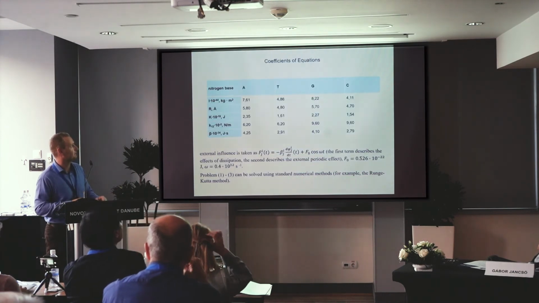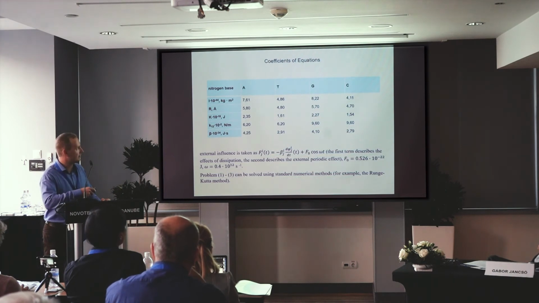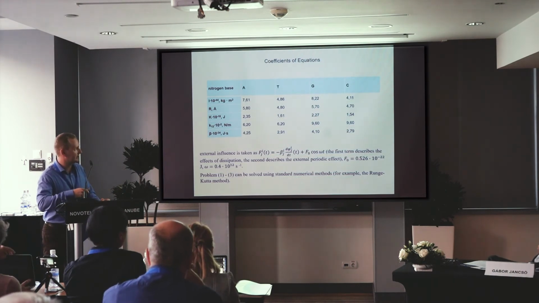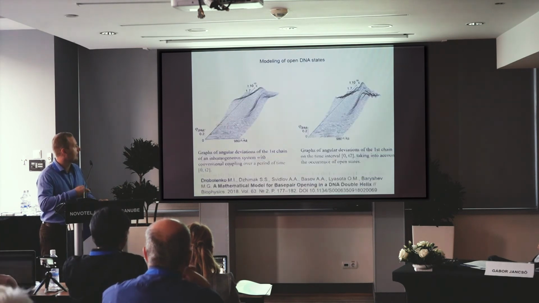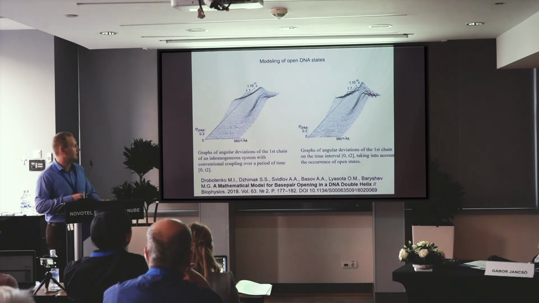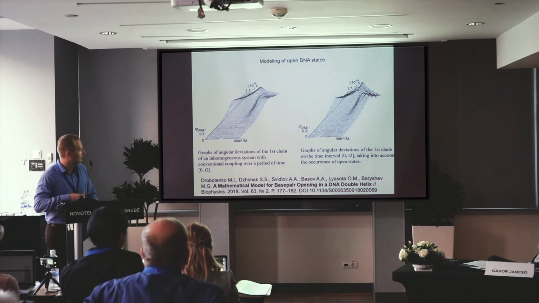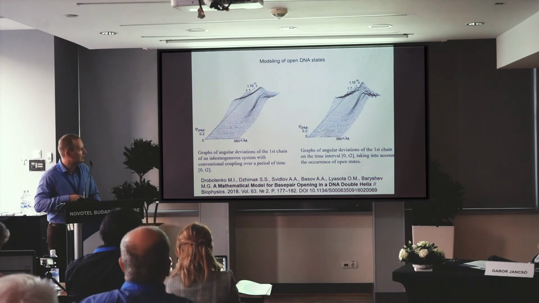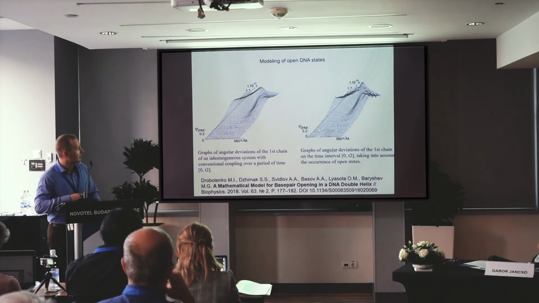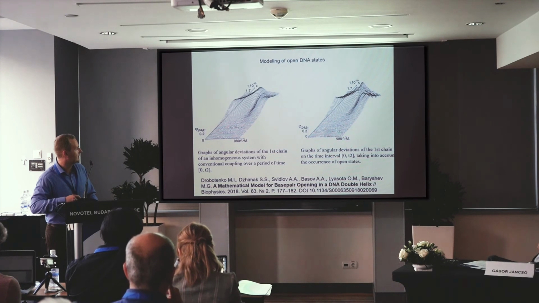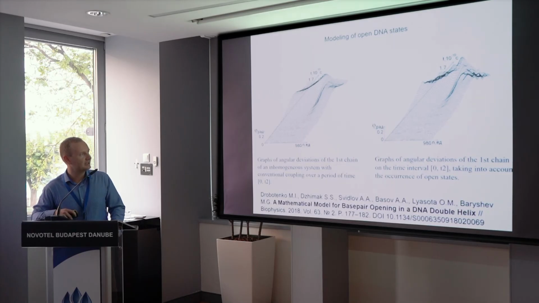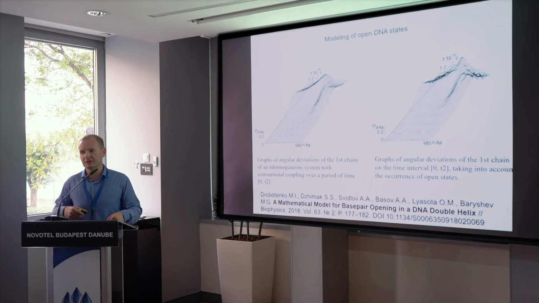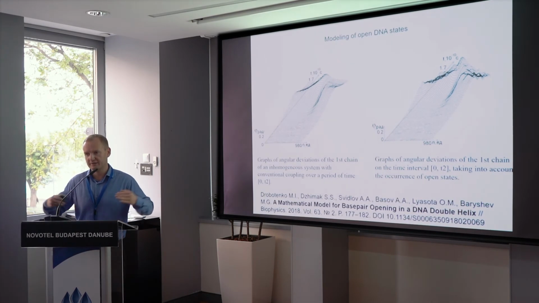This is just the coefficients for each nitrogen base, and experiments. Each line is one chain of the DNA. This is time, and this is the angle, and here is just 980 nitrogen base pairs.